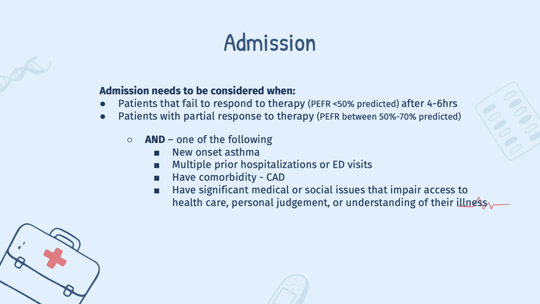Do we have a history of multiple prior hospitalizations or ER visits or post-intubations, I'll add? Do they have a comorbidity such as coronary artery disease? Do they have significant medical or social issues that may impair them from getting health care? Whether it's access, poor judgment of the severity of their symptoms, or a lack of good understanding of their disease process.